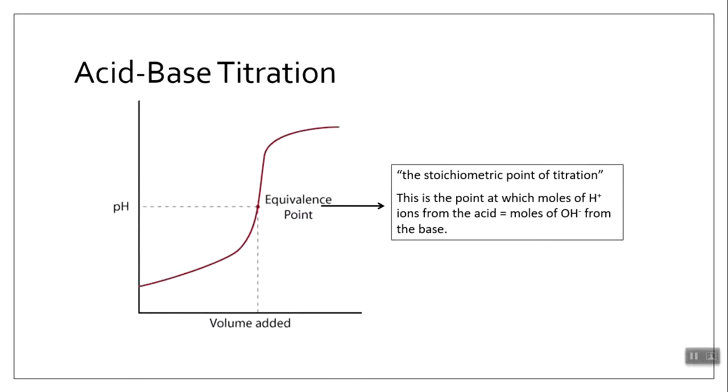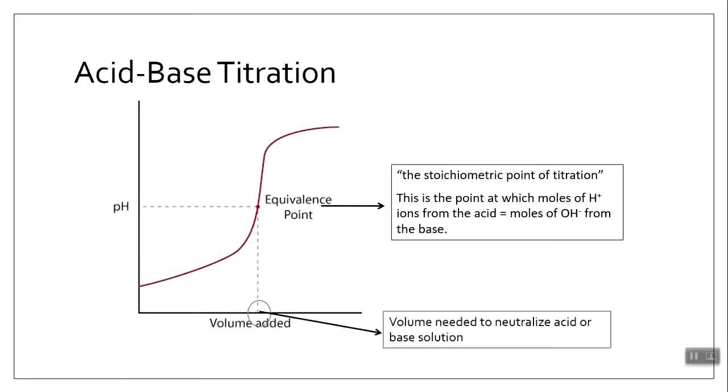This is the stoichiometric point of titration. So at this point right here, this is telling us that we need to add this much volume in order to neutralize our acid or base solution.